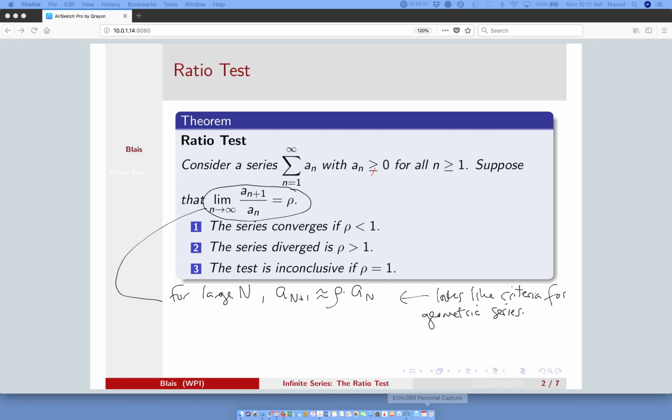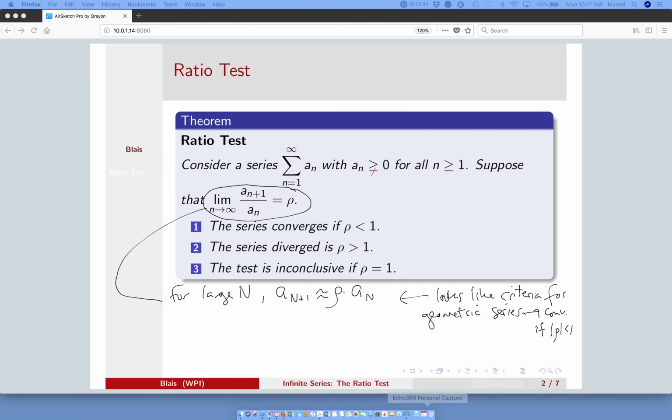And remember, a geometric series converges if the absolute value of that ratio, rho, is less than 1. Now, it's also true that the ratio test is only used for a series of positive terms.